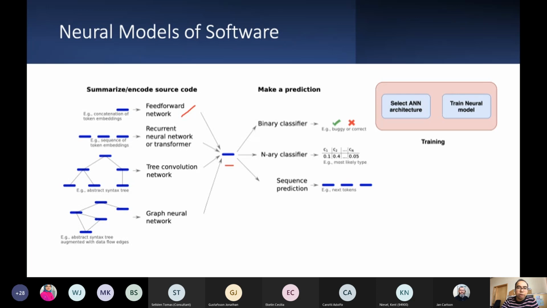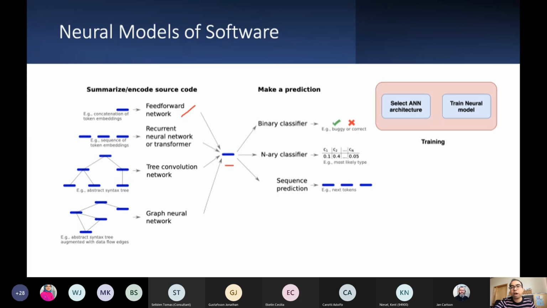Other kinds of classifiers exist. For example, an n-ary classifier predicts the classes of a code element or a code sample from a predefined, fixed set of classes, for example, predicting the type of a variable out of a set of common types.